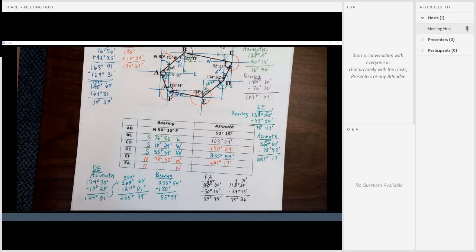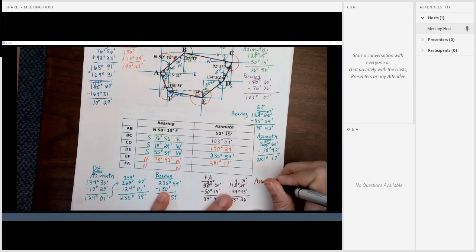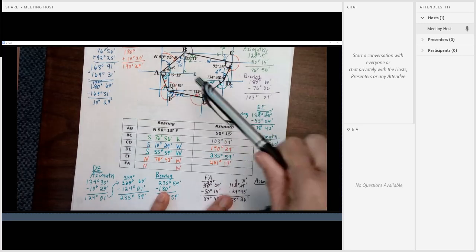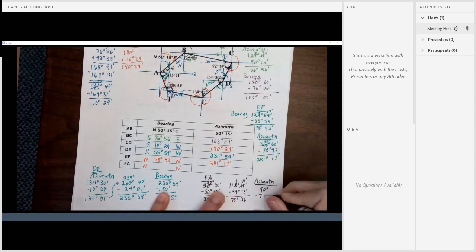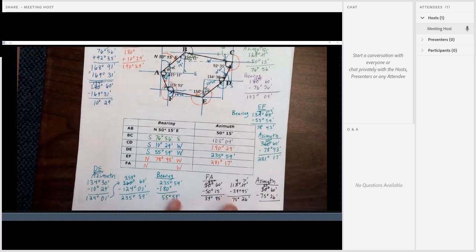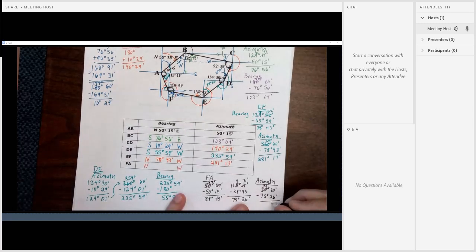So I can go ahead and solve for that azimuth. Let's do that first. By taking 90 degrees and subtracting that 75 degrees, 26 minutes. So we'll borrow from that, becomes 89, 60. 60 minus 26, 34 minutes and 14 degrees there.